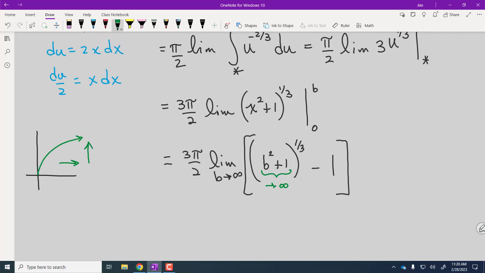So that whole quantity right there is going to infinity. Subtracting 1, of course, doesn't change that fact. Multiplying by 3 pi over 2 doesn't change that fact. So we end up with plus infinity, so therefore we have a divergent integral.